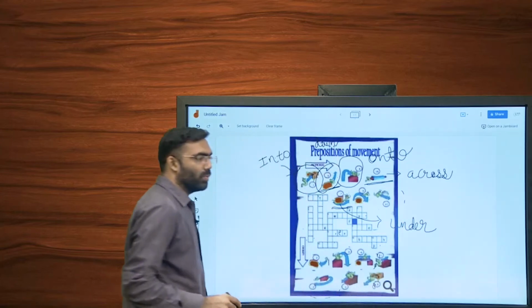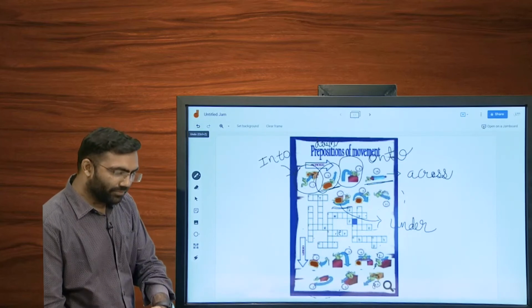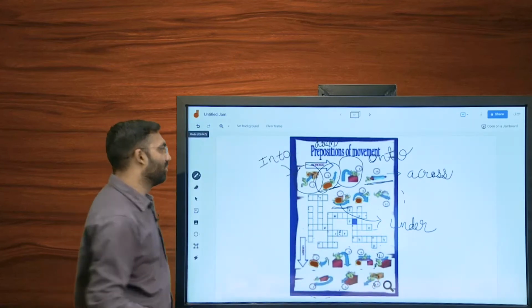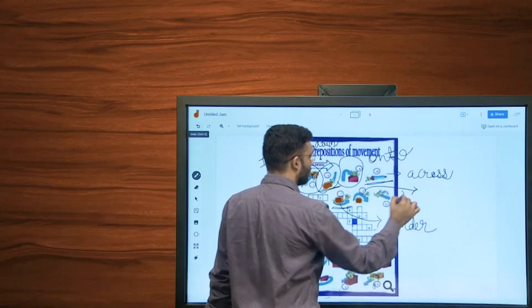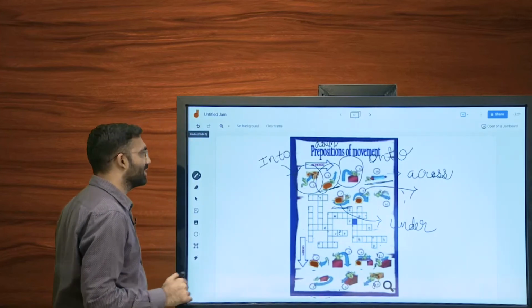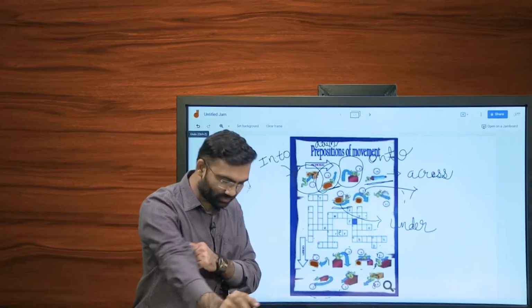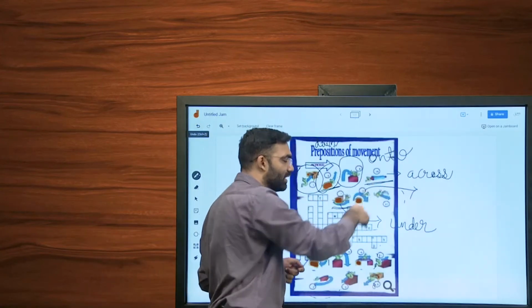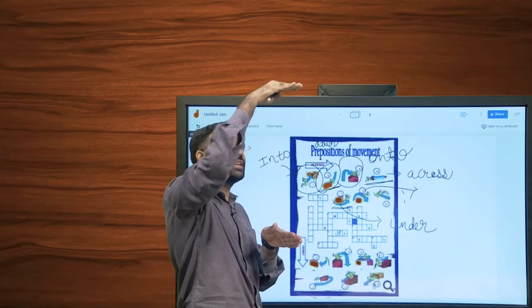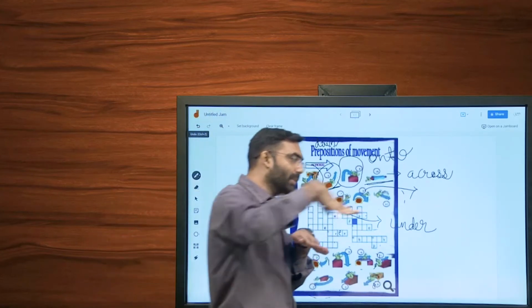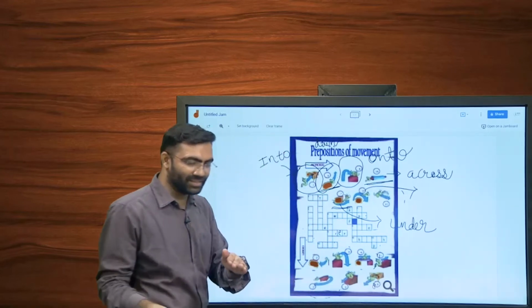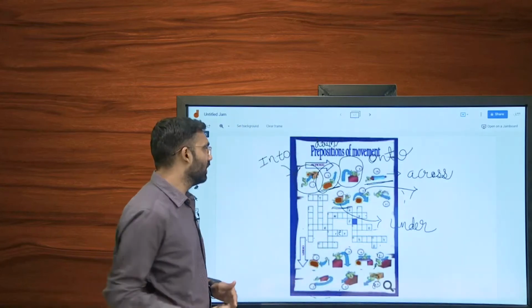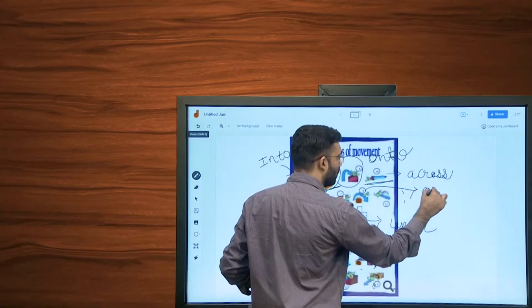This one, when something is passing from one side to another side but not coming in physical touch, it's called what? Tell me. Above there is a surface, below there is a surface, from in between it is passing, but this is passing from one side to another side, but it's not in between. This is called over.